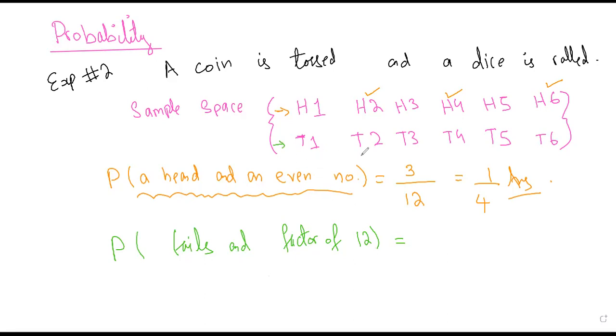So how many factors of 12 can we see? 1 is a factor, 2 is a factor, 3 is a factor, 4 is a factor, 6 is a factor. So 5 by 12 is going to be the answer in this case. Very good, Ashal. Excellent.